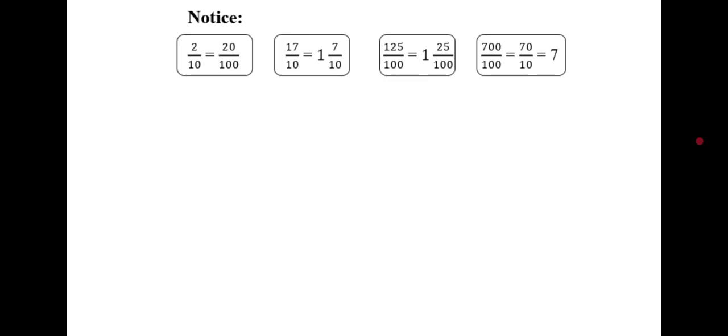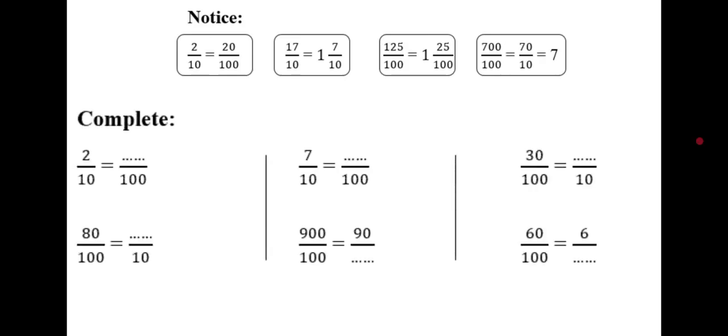2 over 10 is equal to 20 over 100, and 17 over 10 is 1 and 7 over 10. We have to separate the fraction and the whole number. Okay, 125 over 100, 1 and 25 over 100, which is 100 over 100 plus 25 over 100, 1 and 25 over 100.